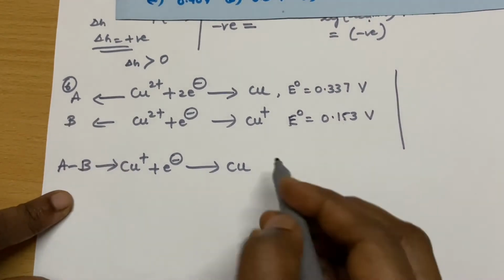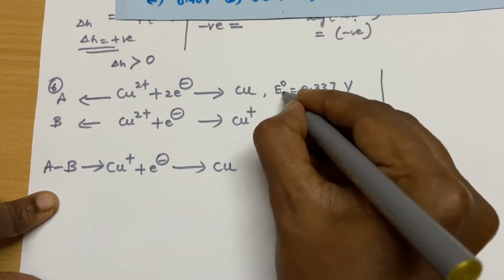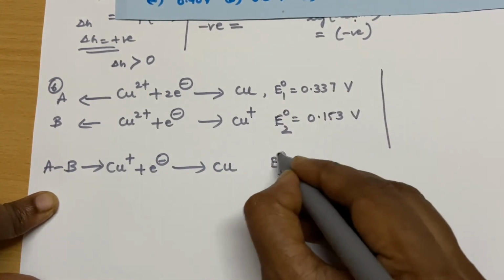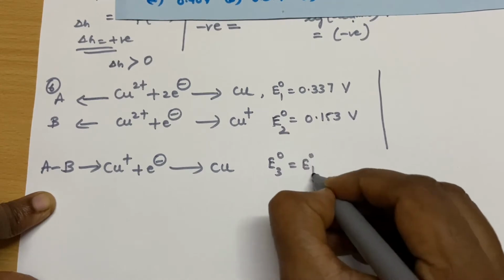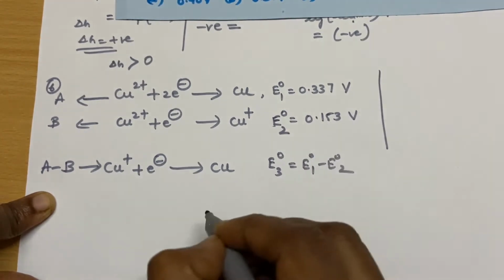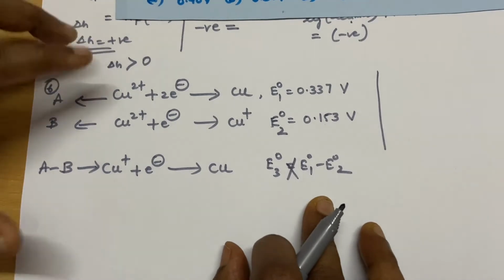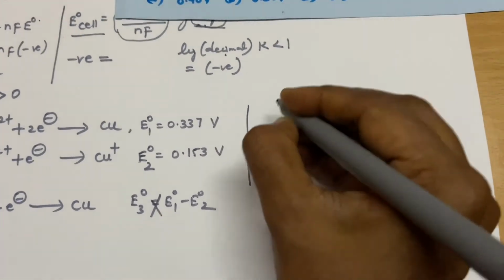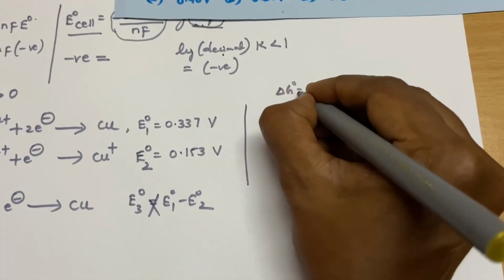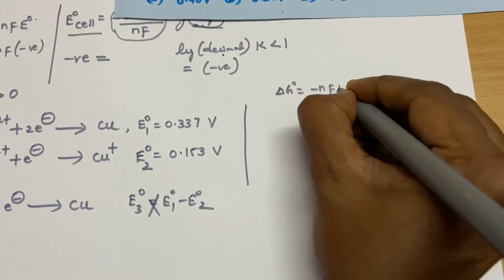To get the EMF of this, this is E1, this is E2, this is E3. I cannot do this directly because this is not an additive property. So for this I have to use this equation, del G naught is equal to minus NF E naught.